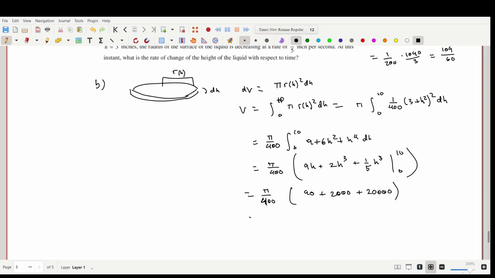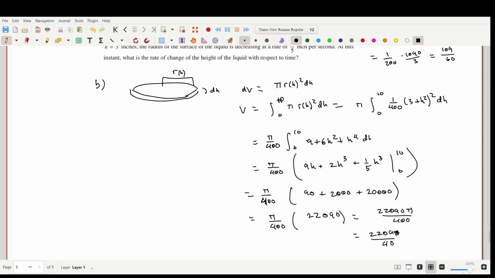Gosh, I really hope this is right. These numbers are so funny. They feel so wrong, you know. And it's 22,090. So 22,090 pi over 400. And that's the same thing as 2,209 pi over 40. Is that right?